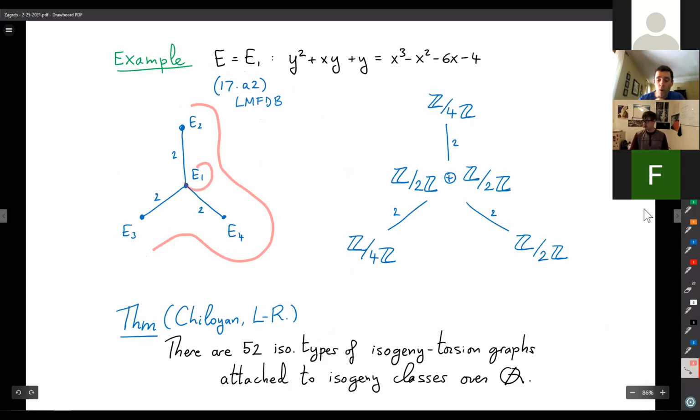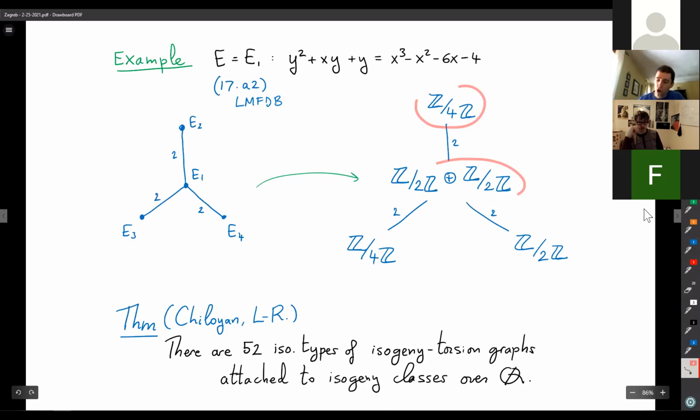So this is E1, and then there are another 3 curves that are 2-isogenous to it. I'm not going to give you the equation of those. In that case, the torsion subgroups that occur are Z mod 2 cross Z mod 2, two copies of Z mod 4, and one copy of Z mod 2. Okay, so we call this an isogeny torsion graph.